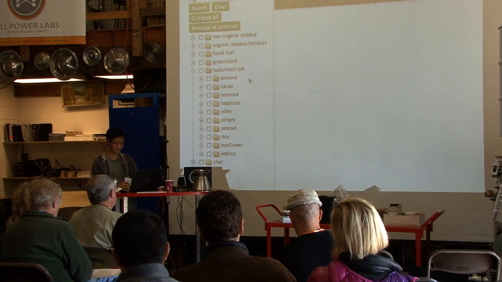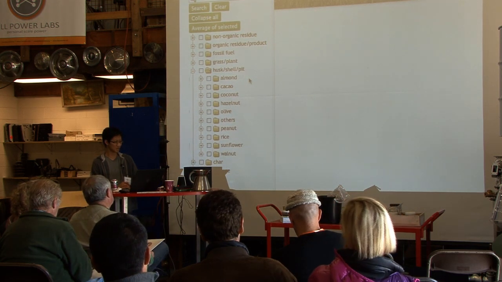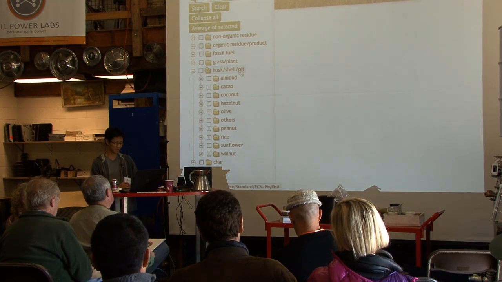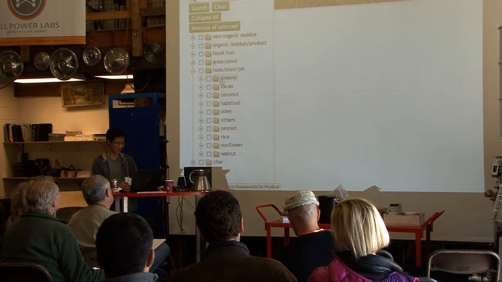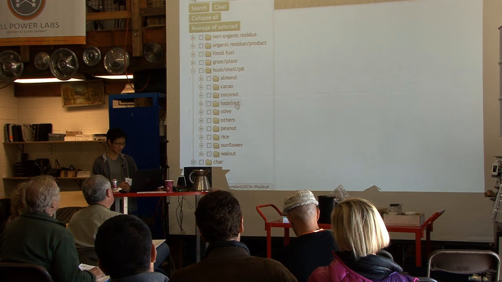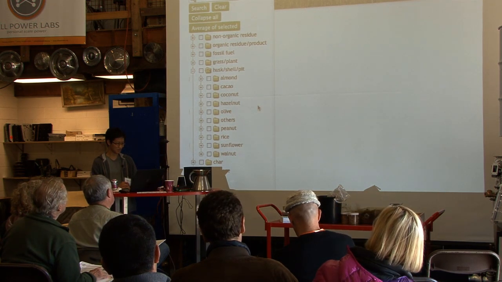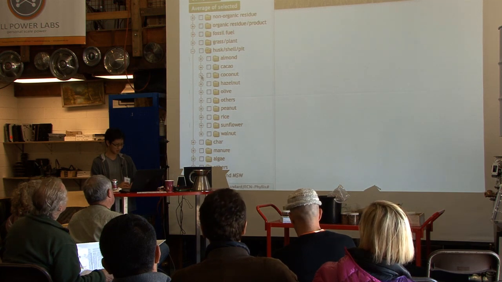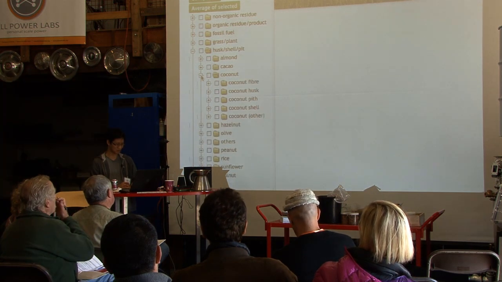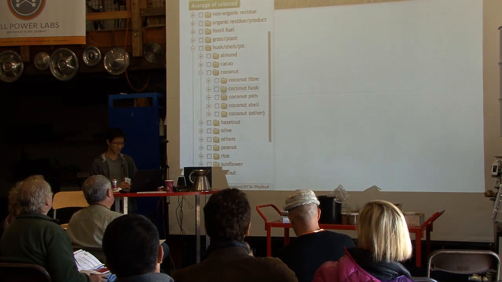Just as an example, I'm going to go through one of these. Under the husks, shells, and pits, they have almond, cacao, coconut, hazelnut, olive, others, peanut, rice, sunflower, and so forth. Let's take a look at coconut. So coconut fiber, husk, pith, shell, and so on.